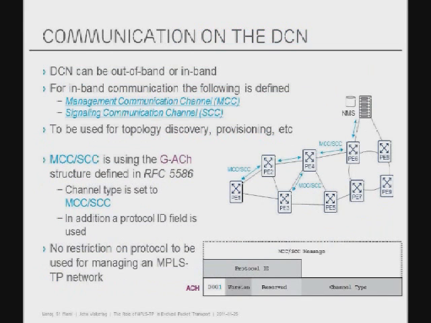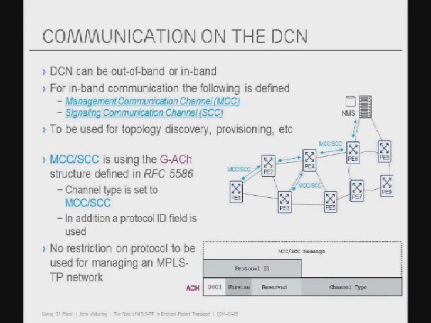In order to get this out-of-band topology, we can again leverage the associated channel to carry additional information, and this additional information can be used for DCN capabilities. But it can also be used in order to get the topology view.